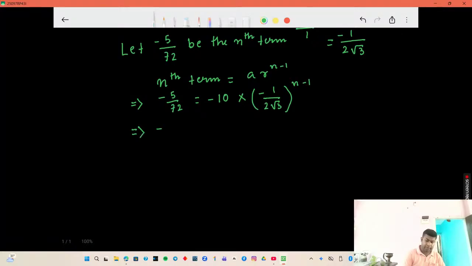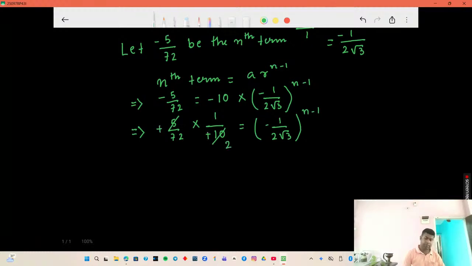Minus 5 by 72 into 1 by minus 10 equals minus 1 by 2 root 3 to the power n minus 1. Okay, so now 5 and 10 cancel. Here minus minus will be plus.